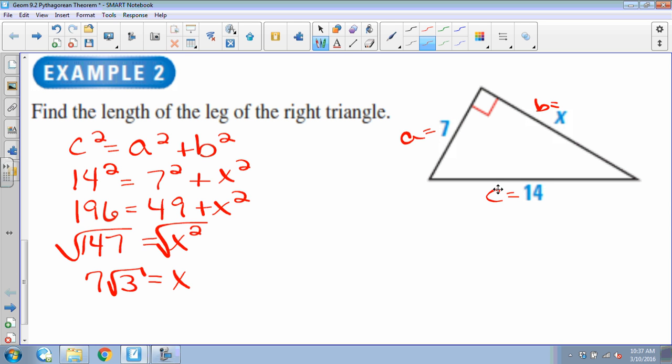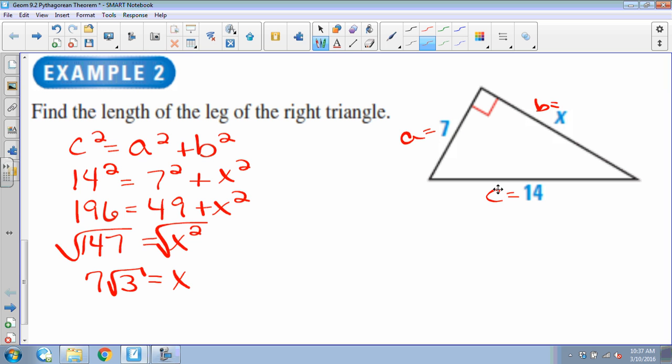There's a calculator trick to simplify radicals, sort of along those same lines. So if we want to find the factors of 147, you would do y equals 147 divided by x, right? If you want to simplify the radical, now this works for square roots. I don't know about cube roots and fourth roots. Square roots, you put 147 divided by x squared, and go look at that table.